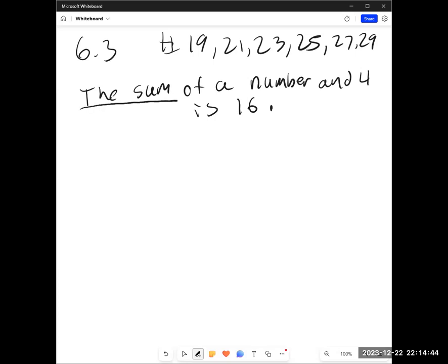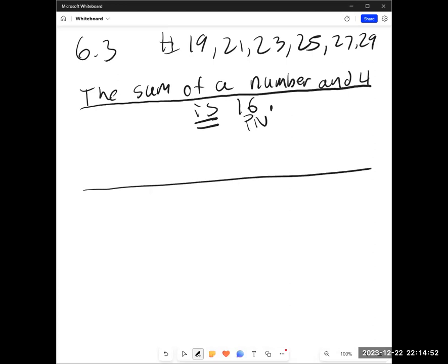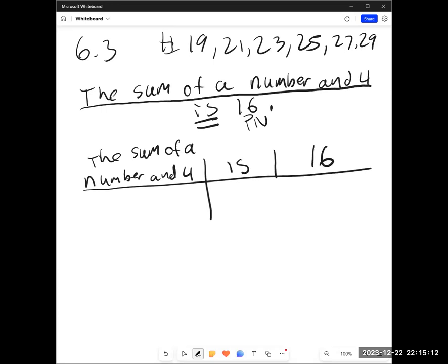So there's my subject right there, there's my verb, and there's my predicate nominative over here. The sum of a number and 4 is my subject, is my verb, 16 is my predicate nominative.